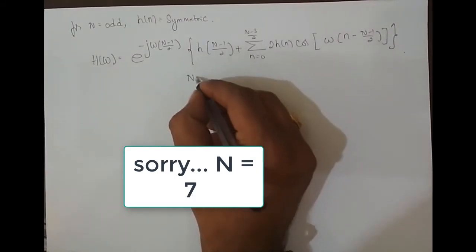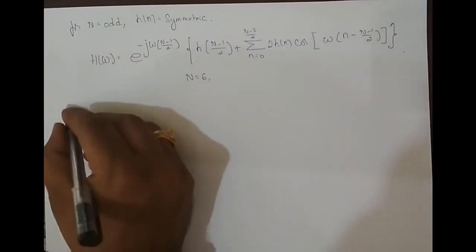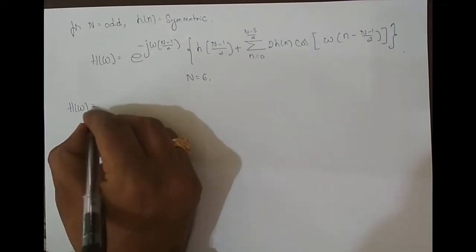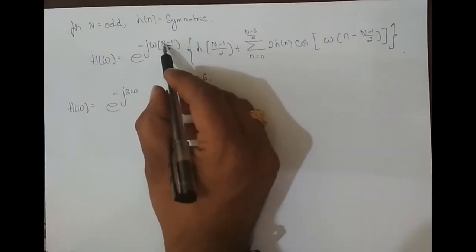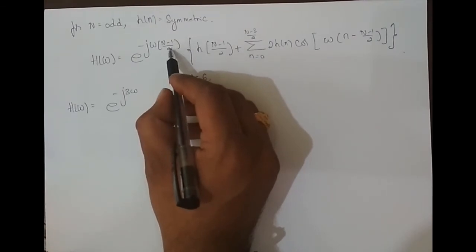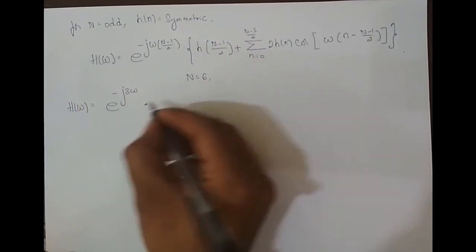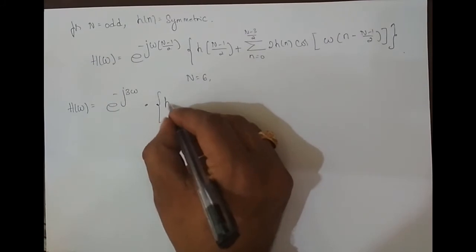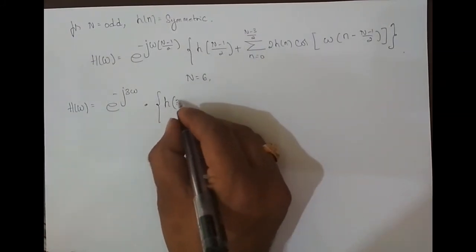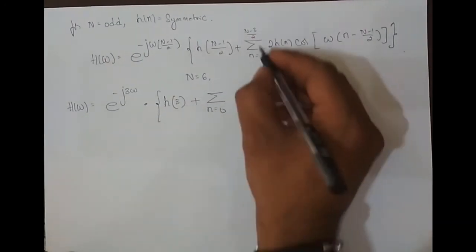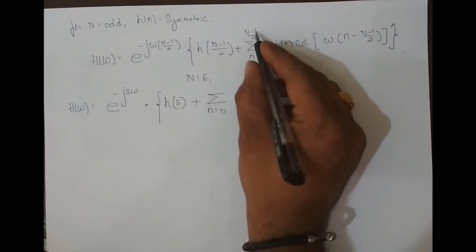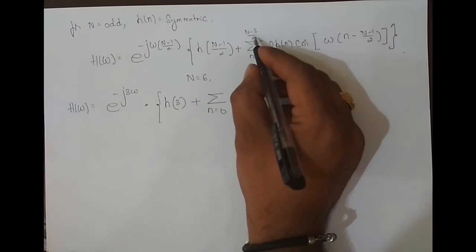Now we shall plug in this value. So N is 7, right? So H of omega is equal to e power minus j 3 omega, because 7 minus 1 is 6, 6 by 2 is 3, into h of 3, plus summation n varying from 0 to (7 minus 3) is 4, 4 by 2 is 2.